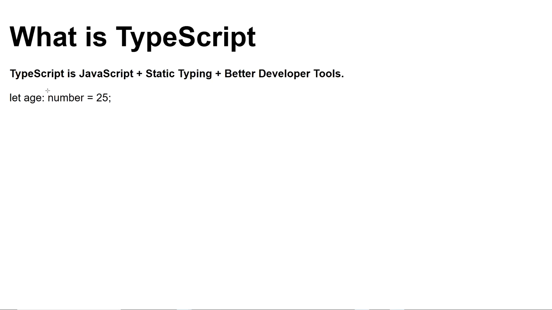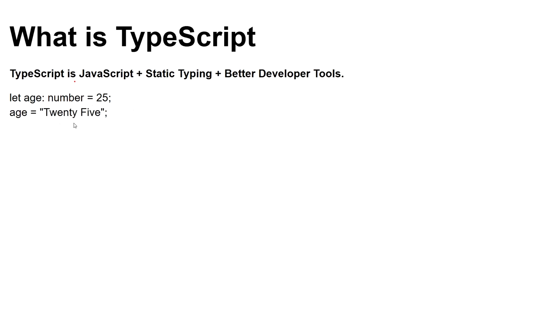Let age: we can add the type number when writing TypeScript, but in JavaScript we do not use this. In JavaScript, we just say let age assigned a number, and later anyone can change this. In TypeScript, we write let age: number. The number tells the type, as do string or other types.